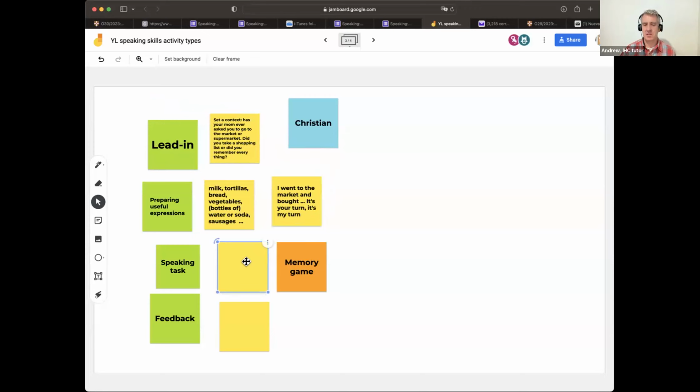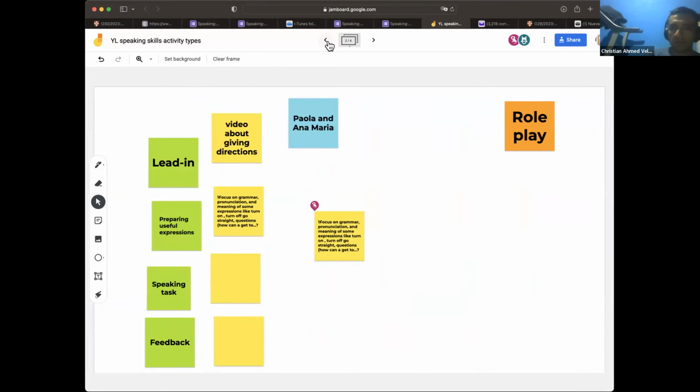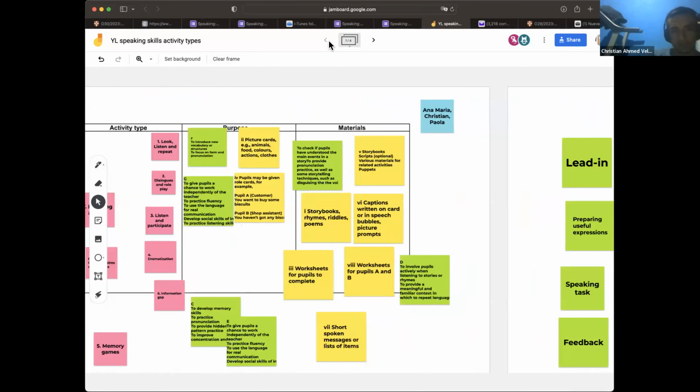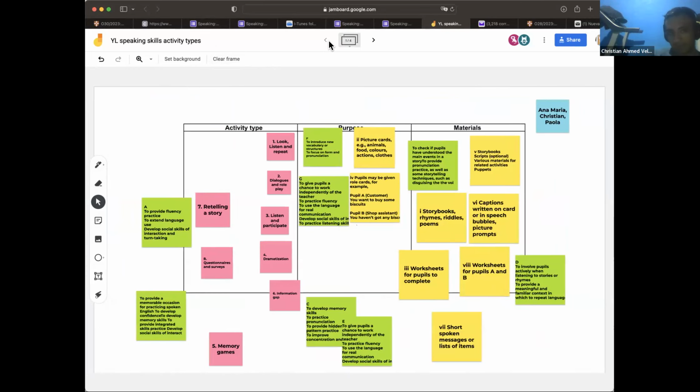set up the speaking task? This memory game speaking task. Okay. This memory game, it's about give them some flashcards with the vocabulary. Memory game. Let's have a look. Does it say that?